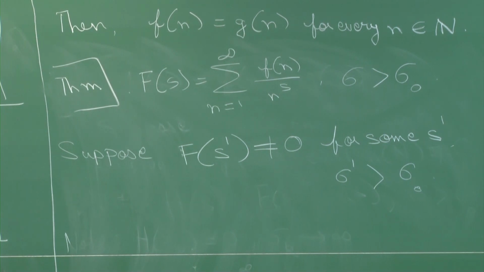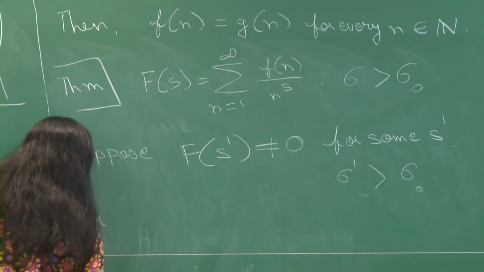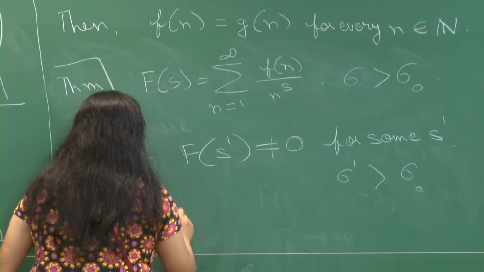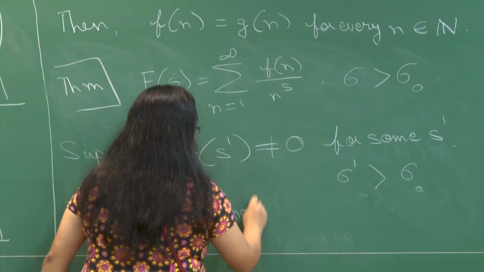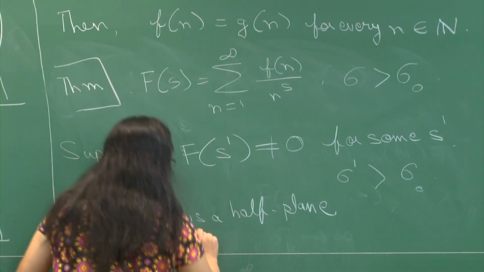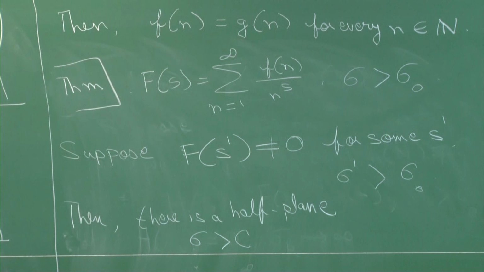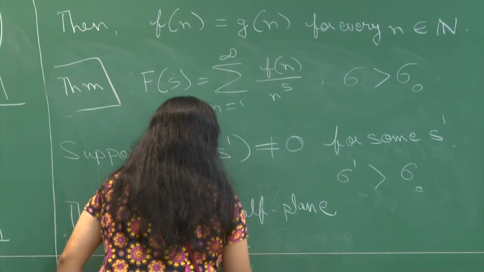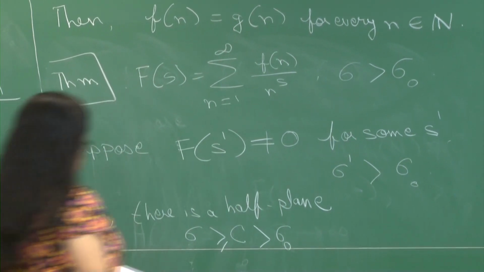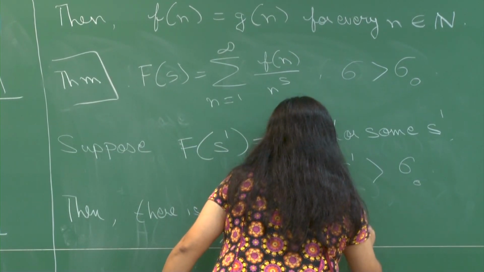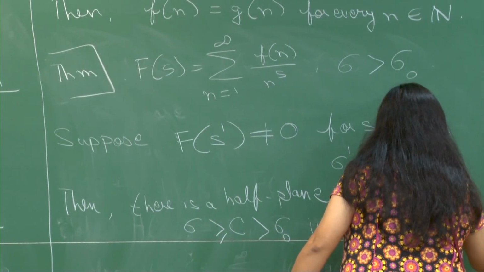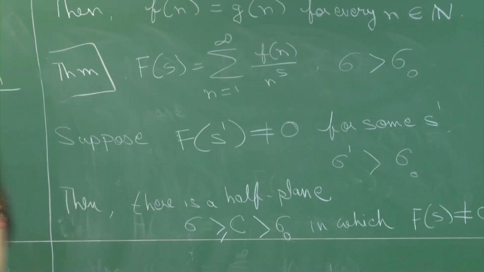If this happens, then there exists a half plane sigma greater than c, where c is greater than sigma 0, in which your capital F of s is not equal to 0. How do we prove this?